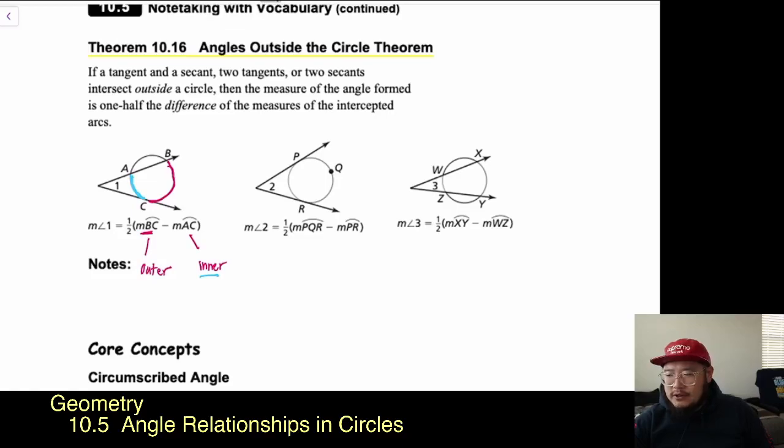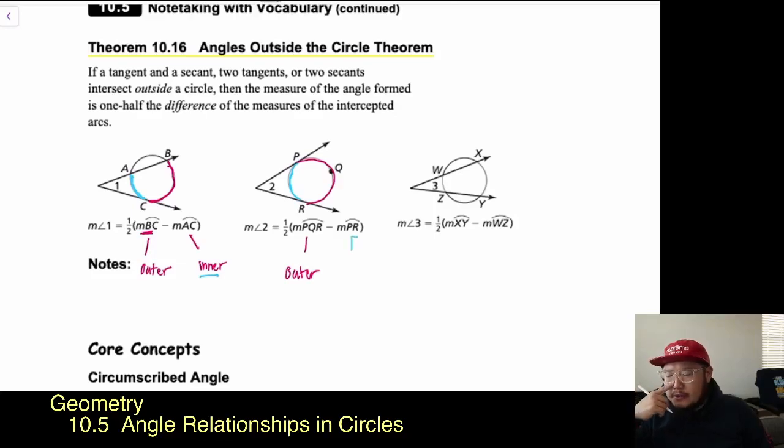Taking a look at angle 2 once again. Angle 2 is over here on the left side, and the outer arc is PQR. In the equation right here, we have arc PQR, which is the outer, and arc PR, which happens to be the inner.